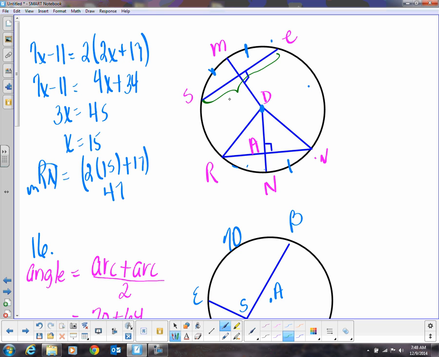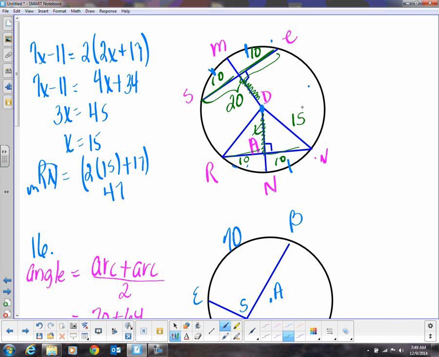They told us this is 20. If this is 20, what is this segment? 10. What is this segment? 10. Then they told us DW is 15, and they're asking us for DT, which is here. What do we know about DT and this segment right here? They're the same.